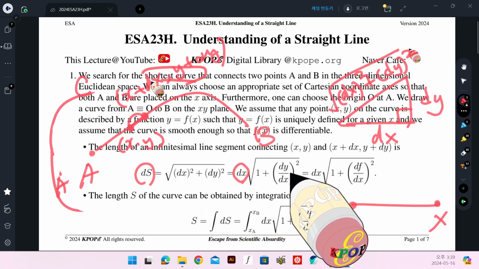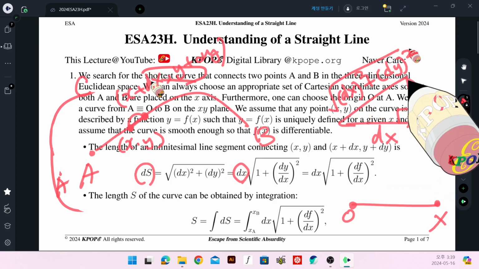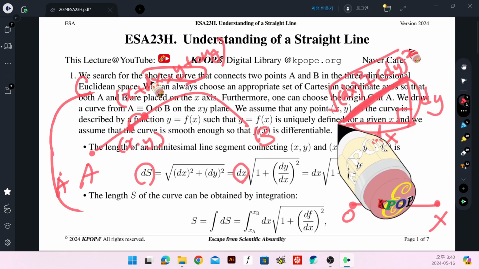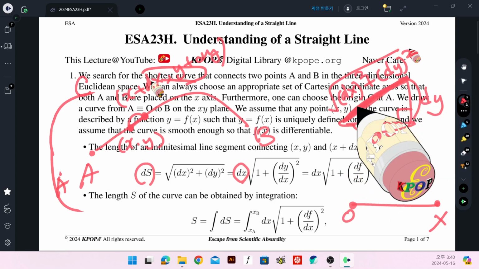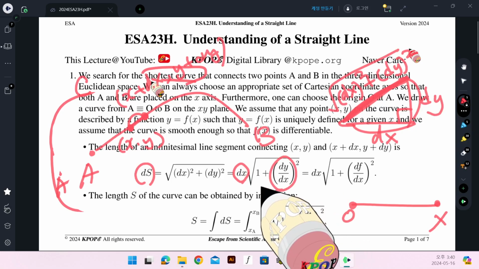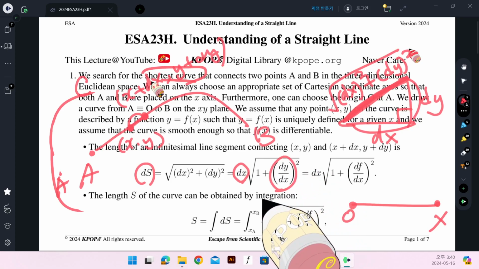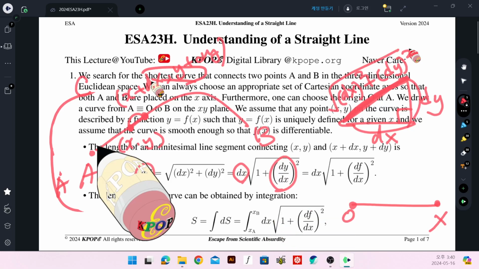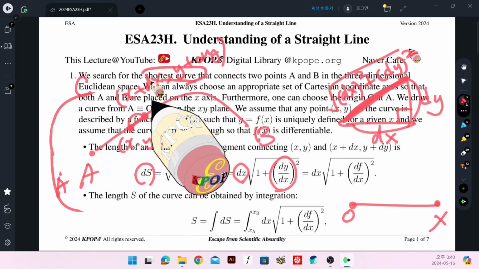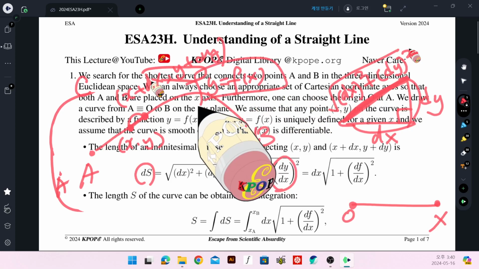Then we can take the ratio of dy and dx. What's that? This is the slope of this hypotenuse, and in the infinitesimal limit, that is the first order derivative of the function representing this curve, f of x, y equals f of x. All right.